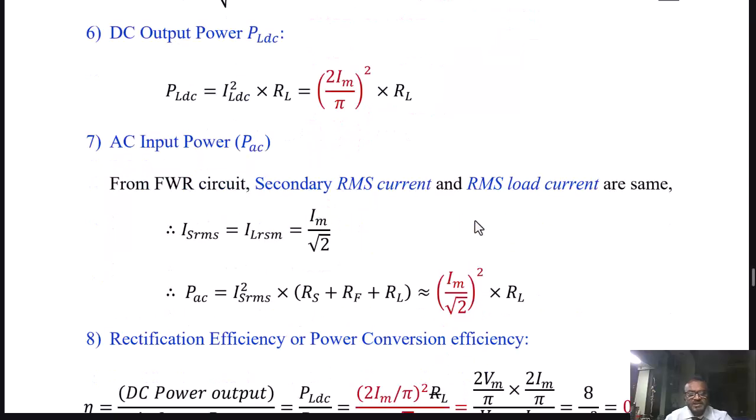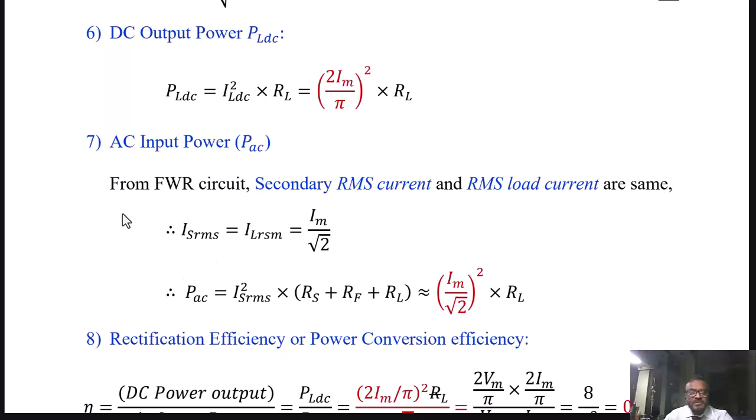Similarly, the AC input power denoted by PAC is equal to IS RMS square into (RS plus twice RF) plus RL. Whereas RS plus twice RF is much less than RL, therefore it will be ignored. PAC is therefore estimated to be (Im by root 2) square into RL.